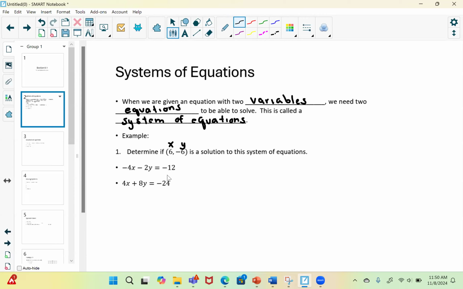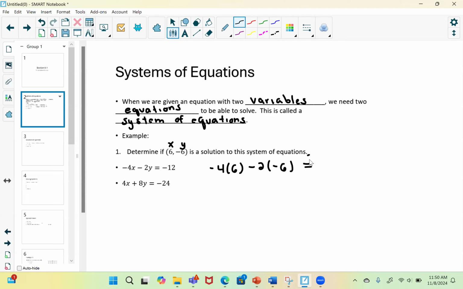So if I want to check if this is a solution, we're going to take 6, -6, and substitute those values in for x and y in both equations and see if we get true statements. So for this first one, I'm going to plug in 6 for x because my first value is always x, and -6 for y because my second value in a coordinate point is always y.